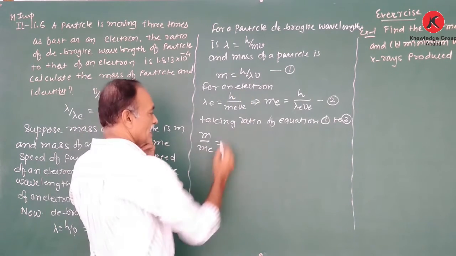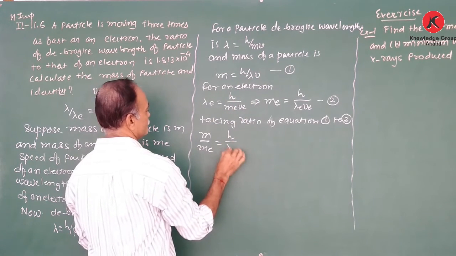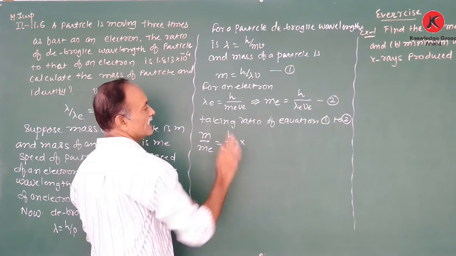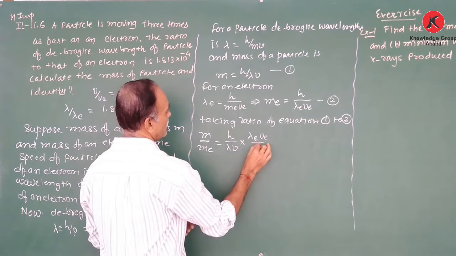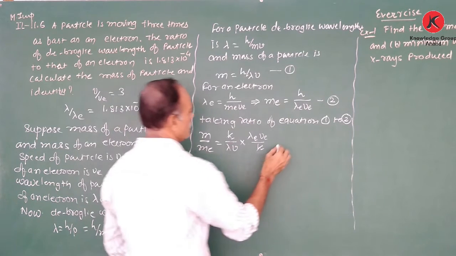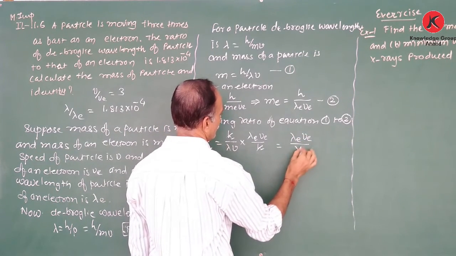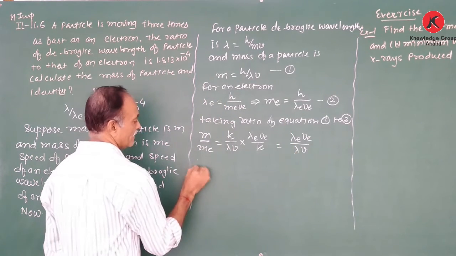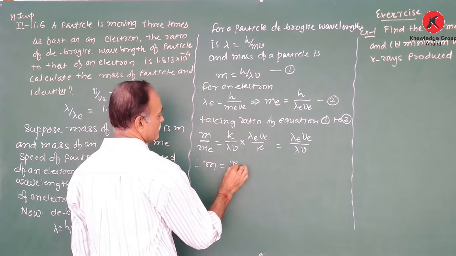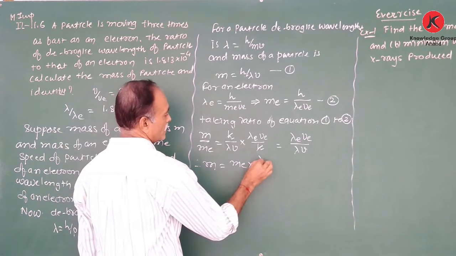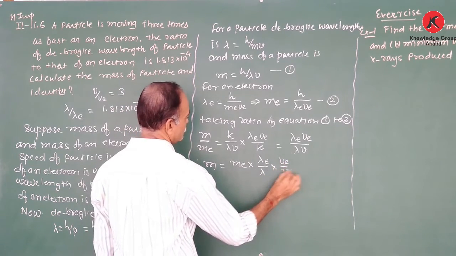M is h upon lambda v, multiplied reciprocally by lambda e v upon h. h is cancelled. Therefore, mass m is equal to me into lambda e upon lambda into v upon V.